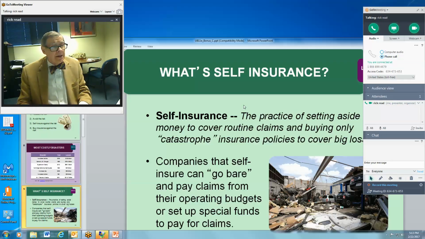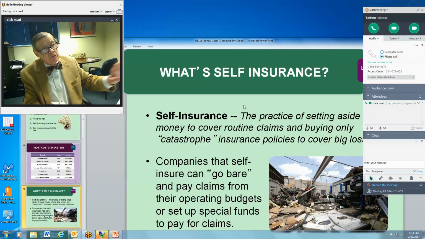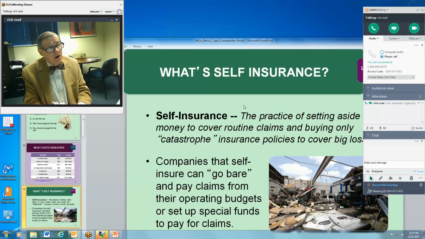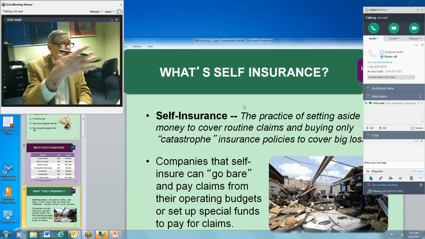And here it also talks about setting aside the money that we've talked about in the operating budget to pay out claims. So the bare there, as they're giving it, is saying we're not going to buy extra insurance.